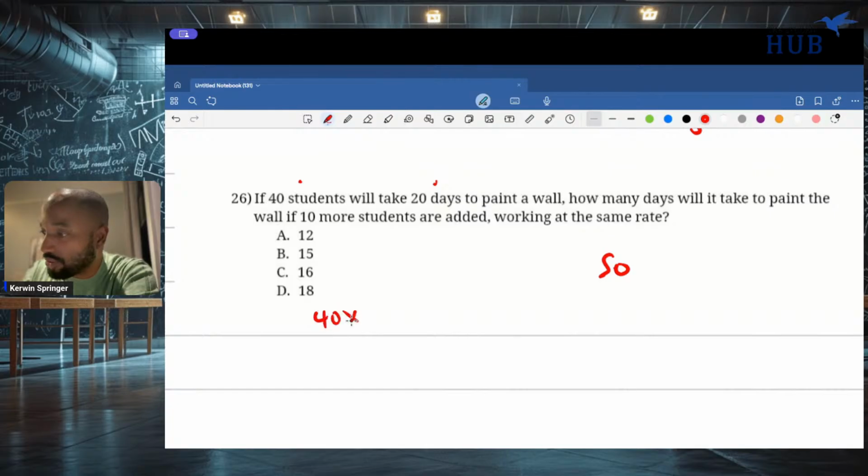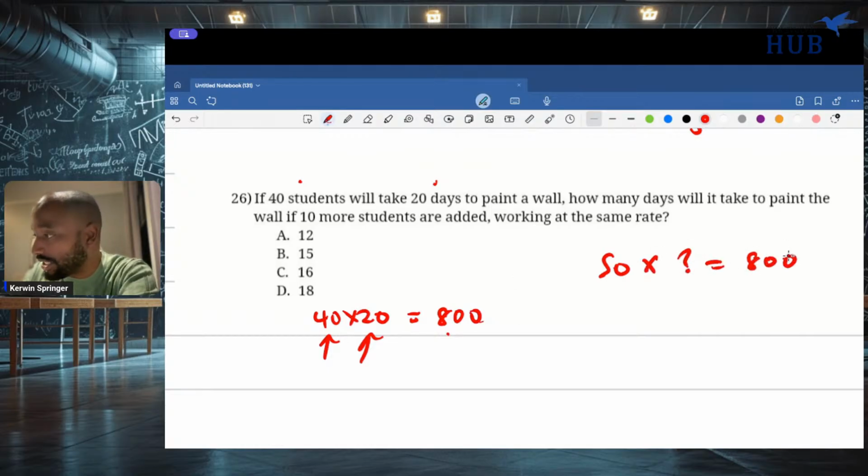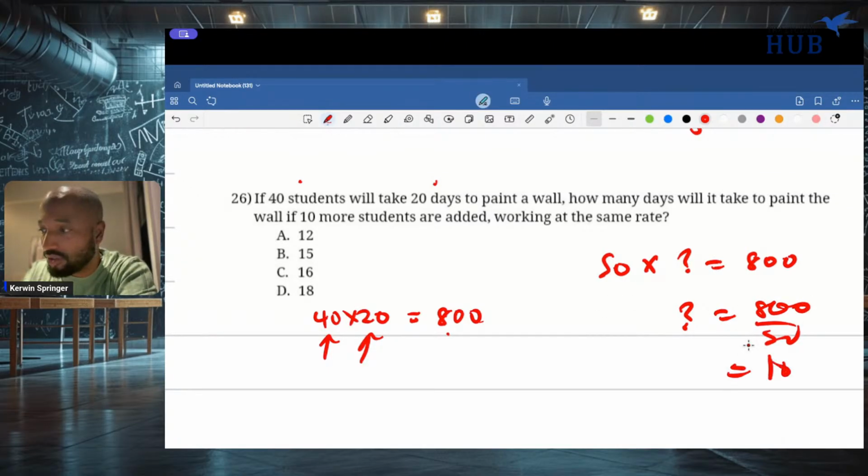So 40 by 20 is 800 student days. 50 times some mystery number must equal 800 student days. So 800 divided by 50 is 16. So the answer is C. We did this one yesterday.